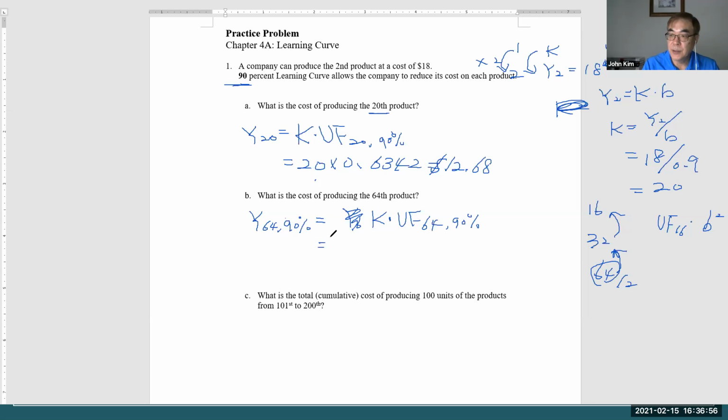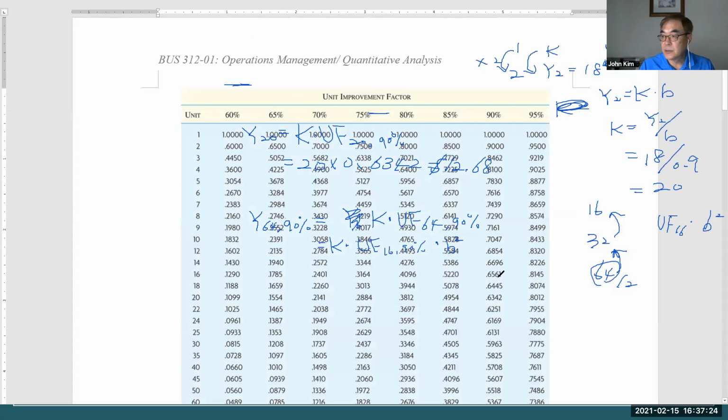So it will be K times unit factor 16 at 90% times B squared. So we need the unit factor 16th at 90%. That is 0.6561, this one.